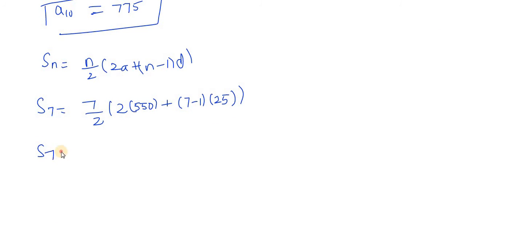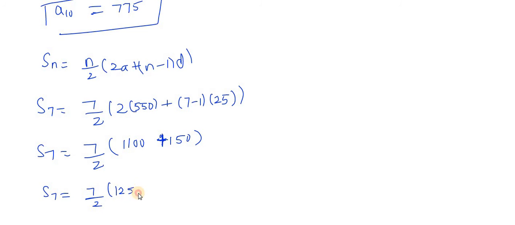So substitute here 25. Now simplify this. So S7 is equal to 7 by 2 into 550 into 2, that is 1100, plus here 6 into 25. 6 into 25 is 150. Now you can add this to 1100, so S7 is equal to 7 by 2 into 1250.